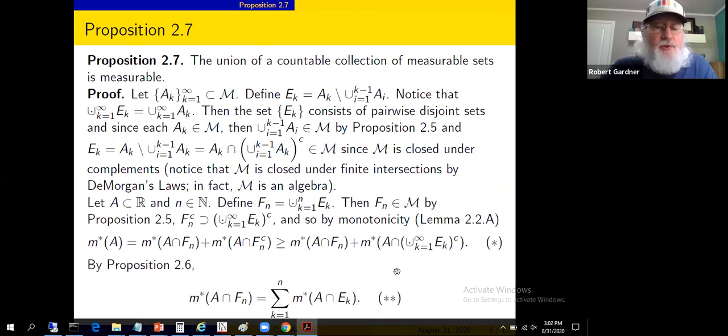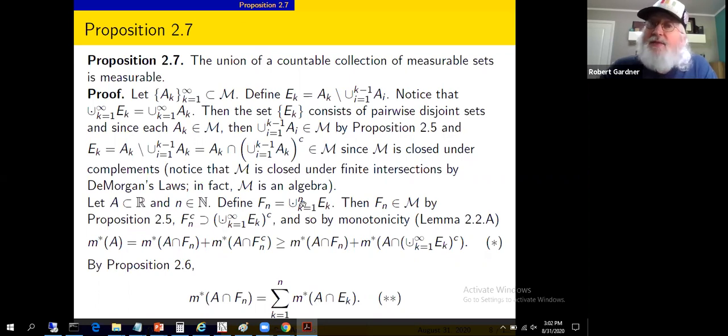All right, Proposition 2.6 gave us finite additivity. So the sum from 1 to n of the measure of the E sub k's. The F sub n was defined as a finite union. Here we've got A intersect this finite union. We can write that as a sum.